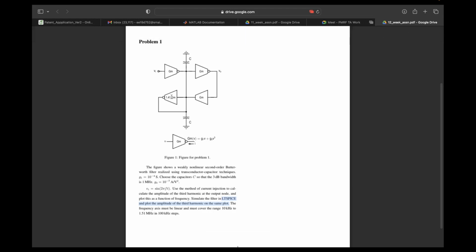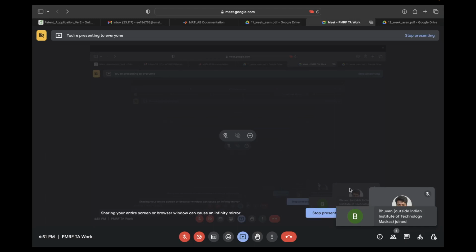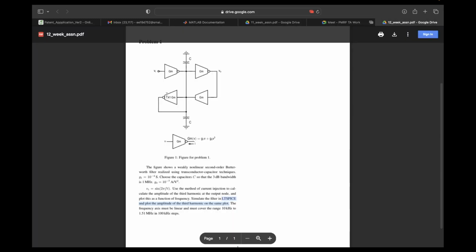While typing transconductor, operational transconductor amplifier, no, you don't need to use operational transconductor. You only need to use that BI thing, that behavioral current source that we saw right now for week 11.